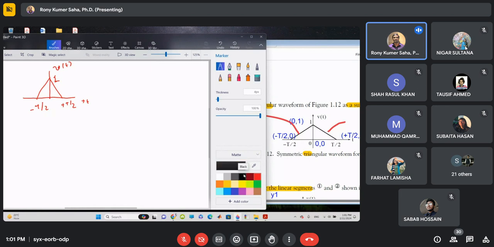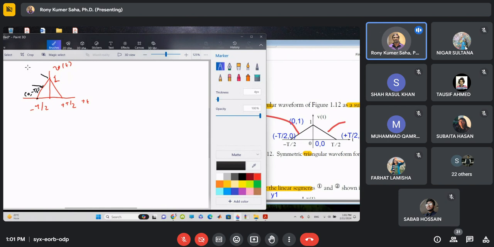You have to represent these two parts of the signal. For this part, how do you define these points? Here you can see the y-axis value is 0 and the x-axis value is minus t over 2. And how about this one?